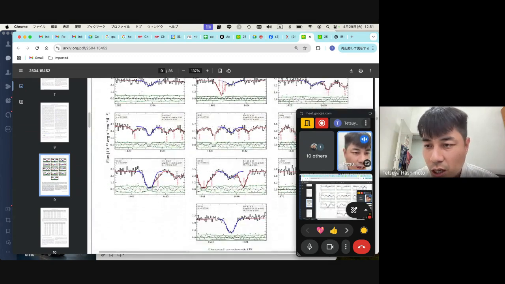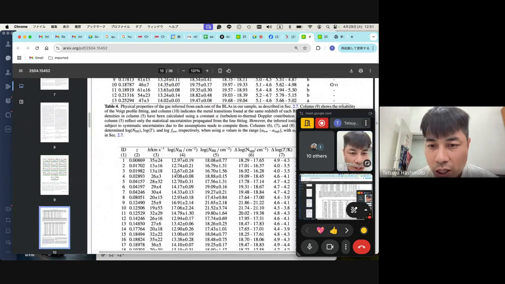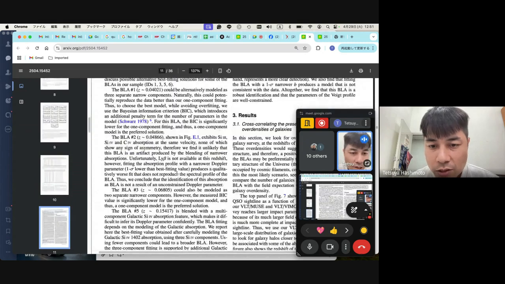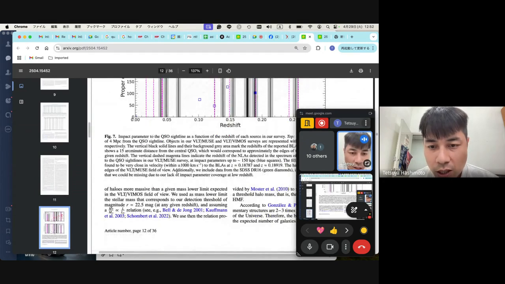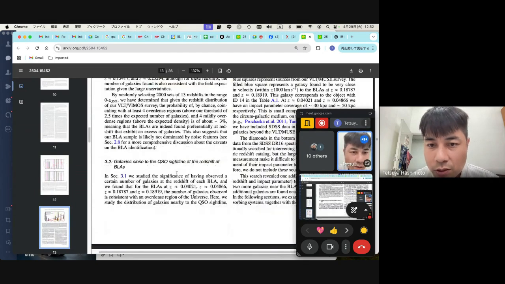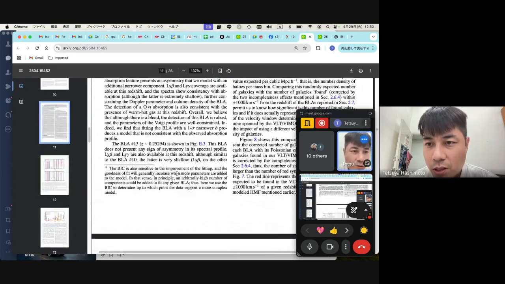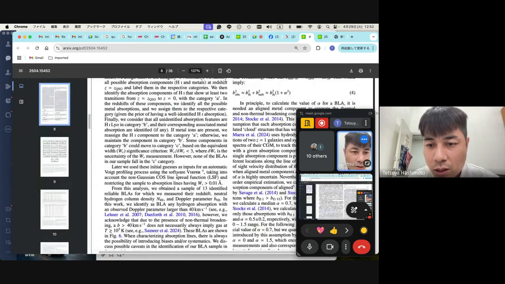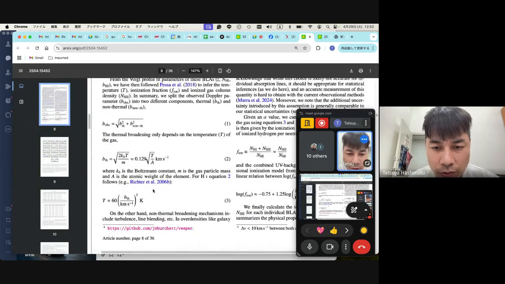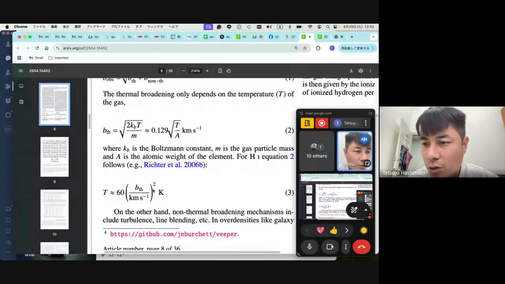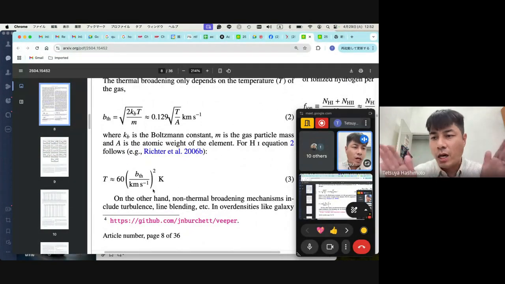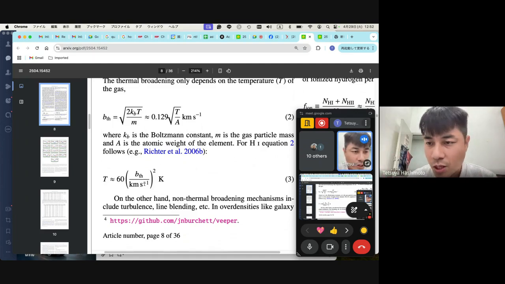And using this absorption feature, they can calculate the column density of materials at that redshift. They use this kind of formula. First of all, the broadening of the absorption line is supposed to be because of temperature.